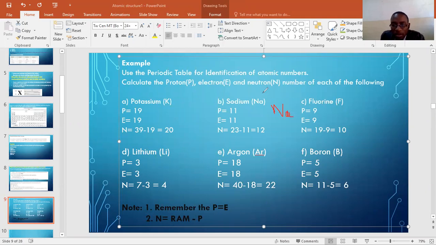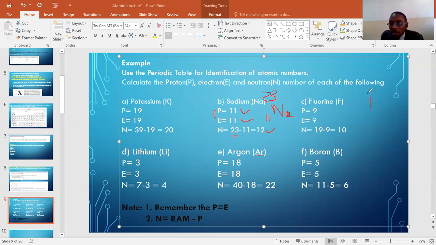Then you have 23 on top, and you have 11 down there. We said what is at the bottom is the proton number. Electron number, we said the P is equal to the E, so it automatically becomes 11. Neutron number, you get what is on top, so 23 minus 11, we get 12.